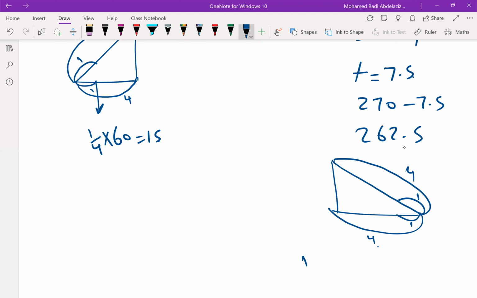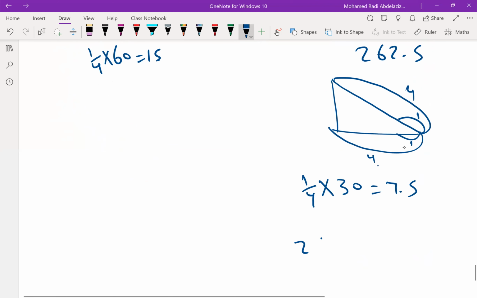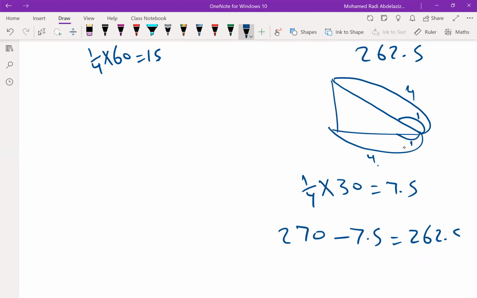So I will get a fourth of 30, which is 30 divided by 4. If you divide 30 by 4, you will get 7.5. So how do we get 262.5? The time is 270 minus 7.5, and you will get your answer 262.5.